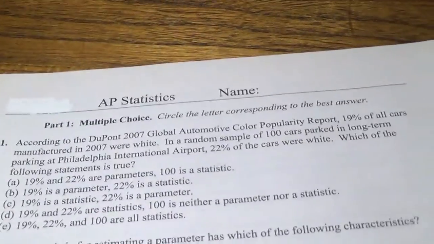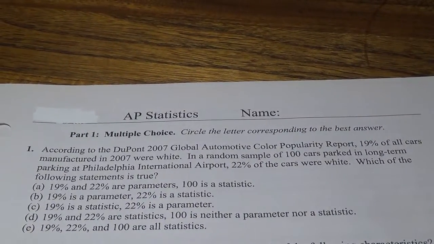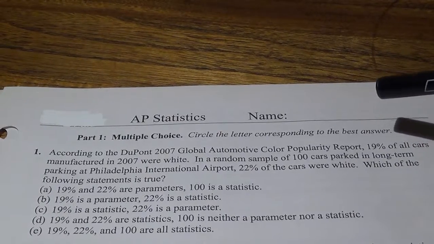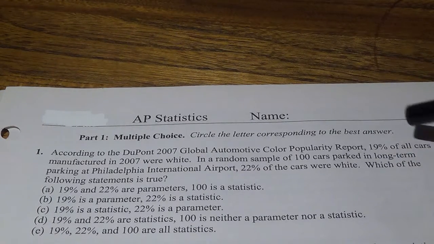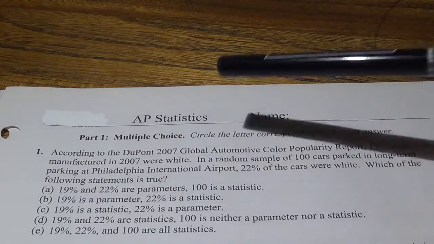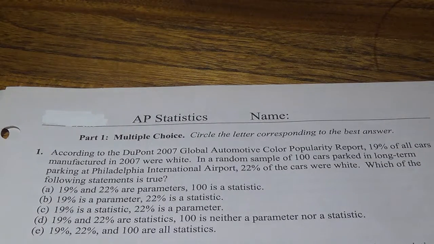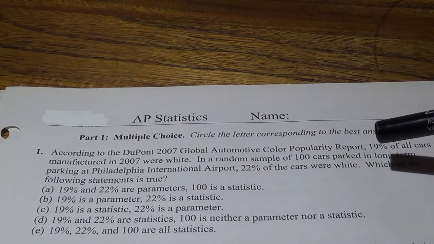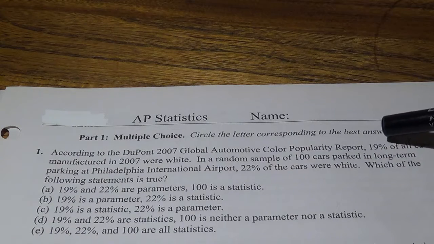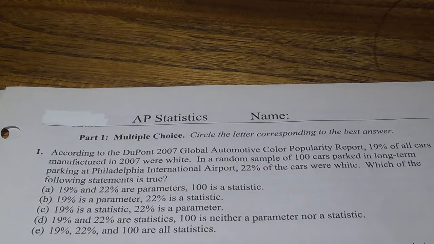The first one talks about a situation where 19% of all cars were white, and then they took a sample of 100 and it turns out 22% were white. They wanted to know which were parameters and statistics, and that took us to the fact that parameters come from the whole population, so 19% must be the parameter, and 22% comes from a sample, and that's what a statistic is.